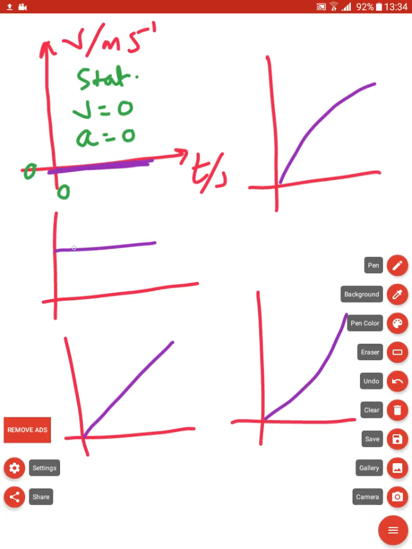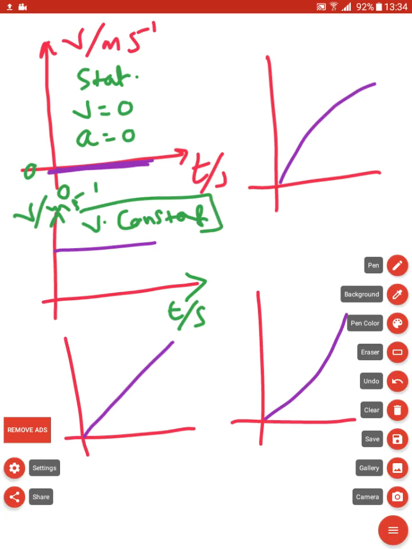In the other one, the velocity is constant, because the time is running and velocity stays the same, in meters per second. Since velocity is constant, the acceleration is equal to 0 because there is no change in velocity.